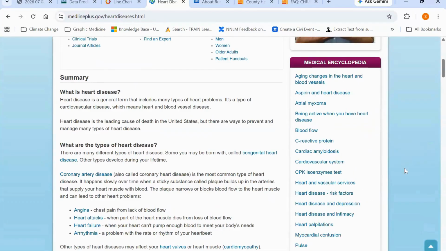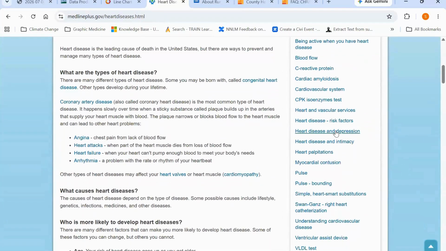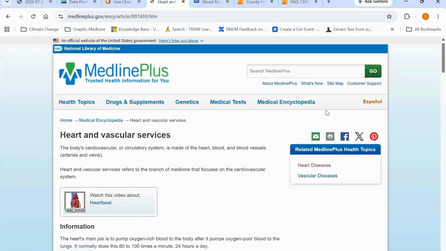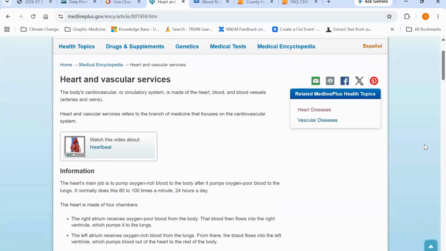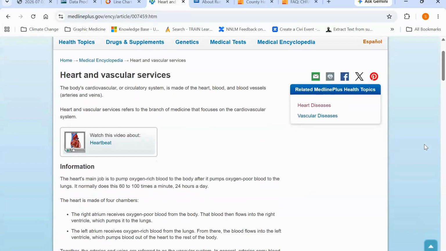And so to give you an idea of what a medical encyclopedia article looks like, let's see, heart disease. The health topics page is designed to be a starting point. It's overviews and then links out to trusted health information.